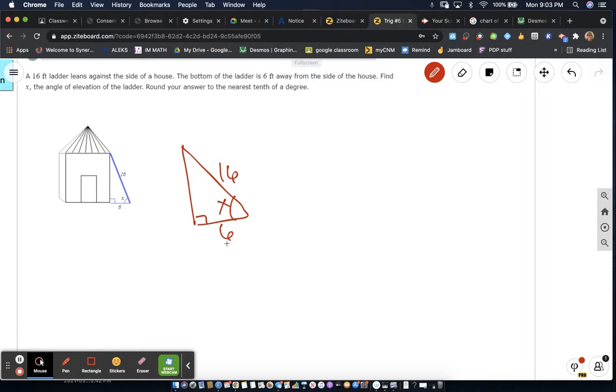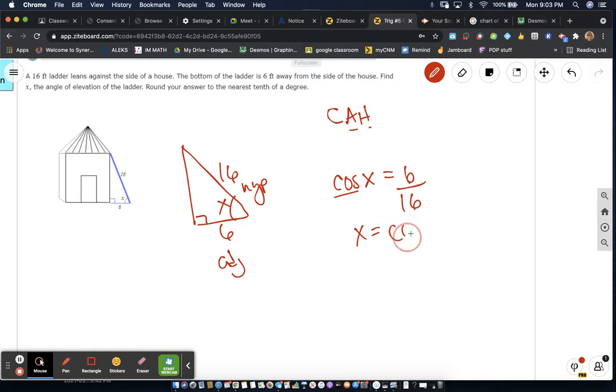What do we have? Name the sides. We have adjacent and hypotenuse. That is cosine. So we're going to go cosine of x equals 6 over 16. To undo the cosine, we take the inverse cosine. This is the ratio. To get to the angle, you just plug this into your calculator.